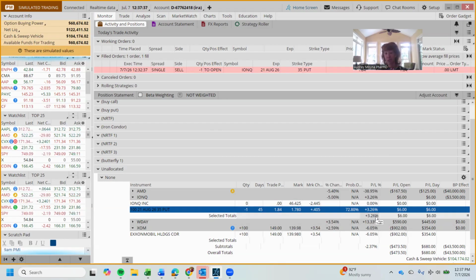Just close it out and you're done. And you keep whatever the premium is. So let's say I collected $100 in premium and I close it at 80%, they just take $20 of the premium back and I just keep the 80. Very nice. Very simple.